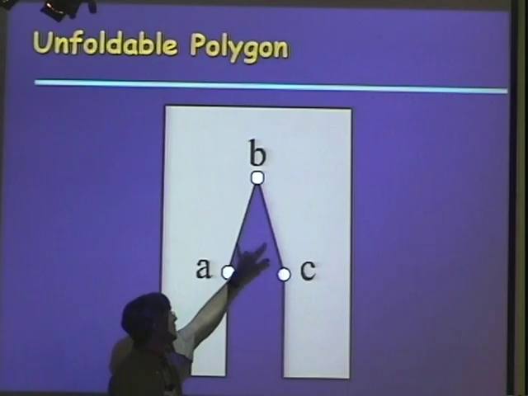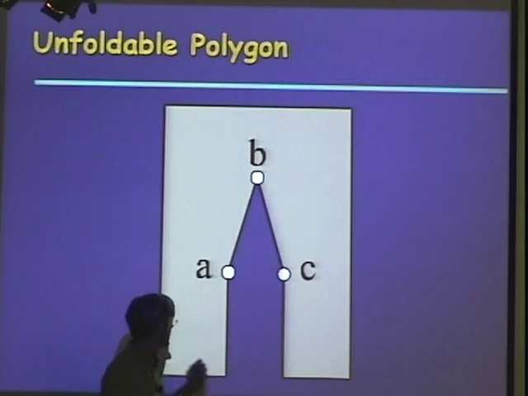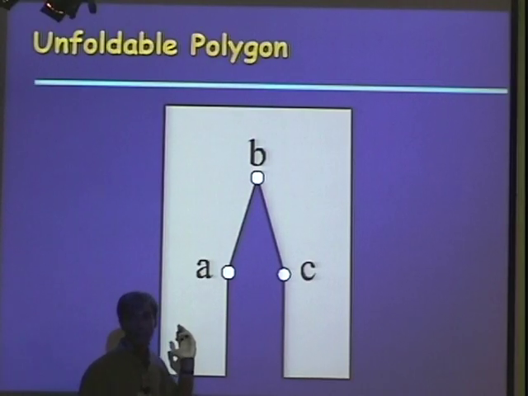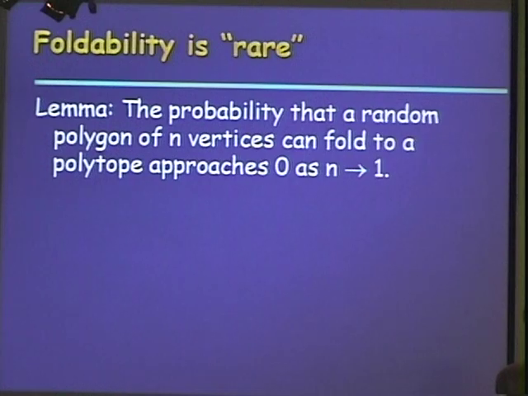So you can't zip this up. You've got to stuff something in there, and there's nothing to stuff in there that's small enough, so you cannot fold this up into a convex polyhedron. And in fact, under some very crude assumptions of what it means to be a random polygon, almost no polygons can fold.